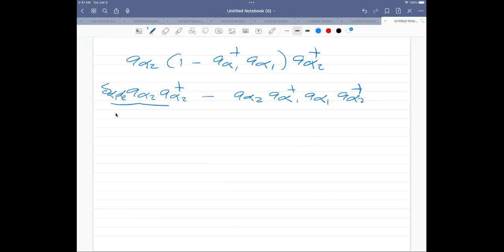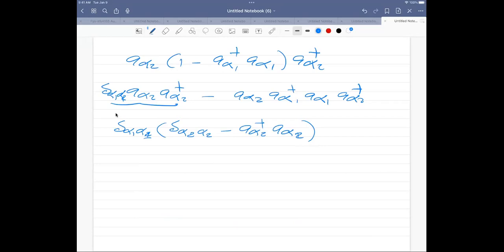So if we take the first term, we can rewrite that one as a delta alpha 1 of alpha 2. And then I have a delta alpha 1, and then I have a delta alpha 2 minus an A alpha 2 here, and then A alpha 1, alpha 2. So that's the first term here. And when that acts on the vacuum state, the last term here gives us 0.